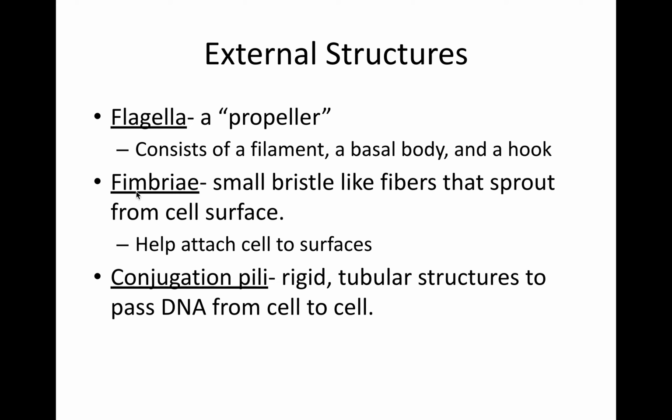This hook is twisted so that it'll spin around. It has these fimbriae on the outside, which are small bristle-like fibers that sprout up from the cell surface. This is almost like Velcro. It just helps attach the cell to other surfaces or to other cells. Then you're going to have these pili on the outside. They're rigid tubular structures that can pass DNA from cell to cell. So you can think of it like a needle.